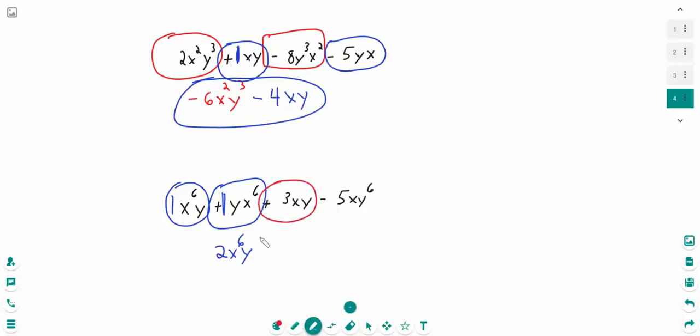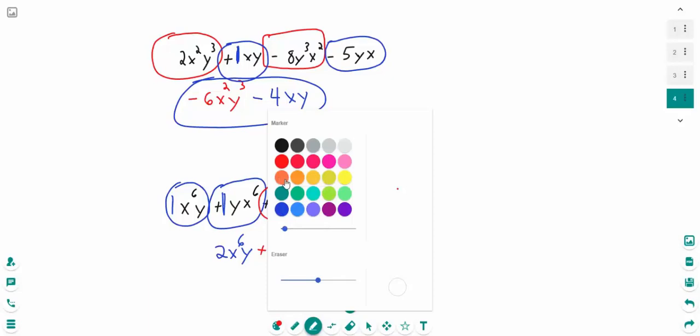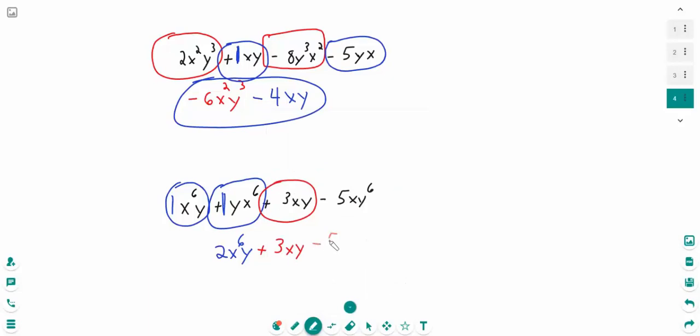Do we have anything that is a like term with that? Well, the only thing we have left is over here, and this actually does not. This is an xy to the 6th. So this one's going to be all by itself. And then finally, the last one is also going to be all by itself because there's nothing that can go with that. And that would be our solution.